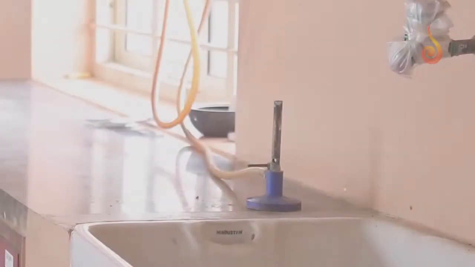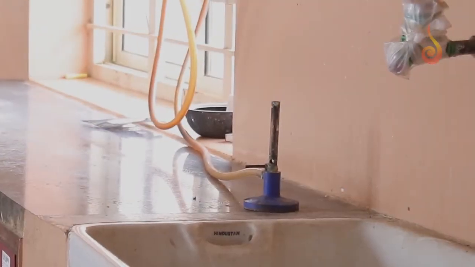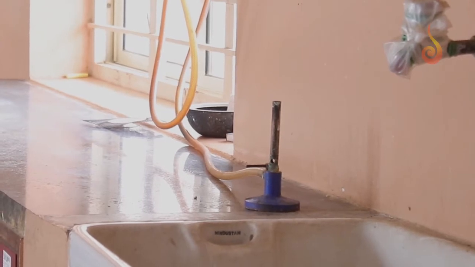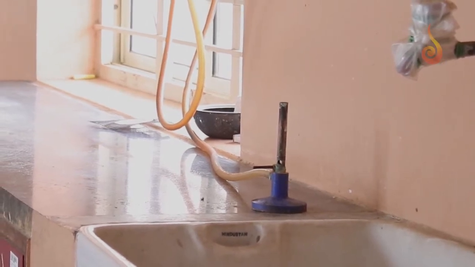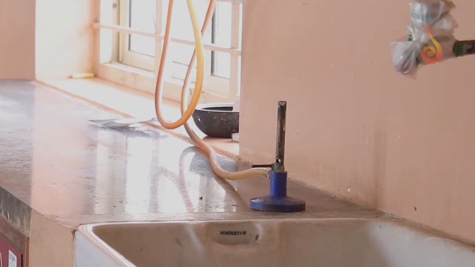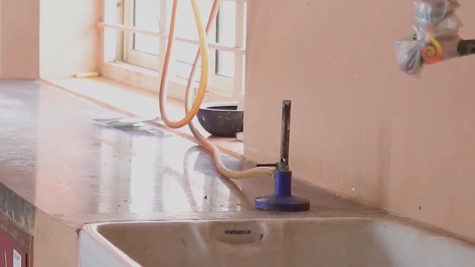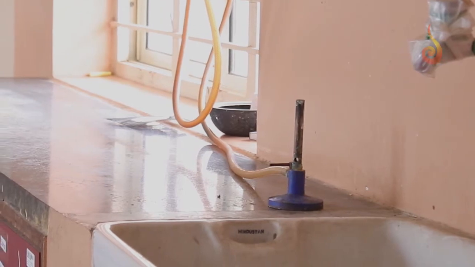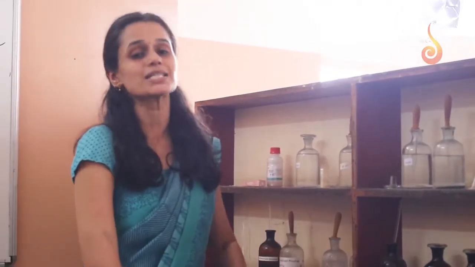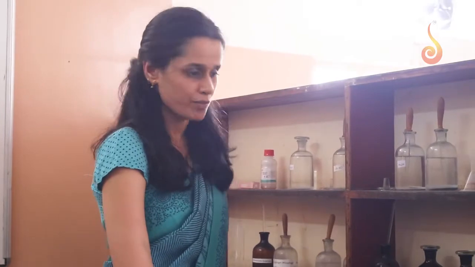Also we will have a Bunsen burner in the lab. Why do we have a Bunsen burner? Because we will be heating or boiling the reaction mixture, and also we will perform some important dry tests, and one example of a dry test is the flame test. We will discuss the flame test in detail later.